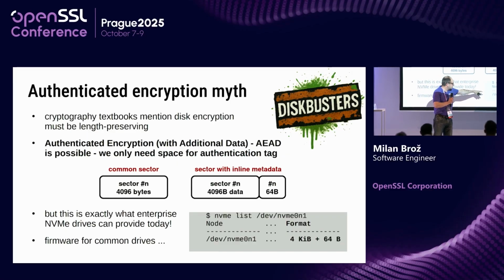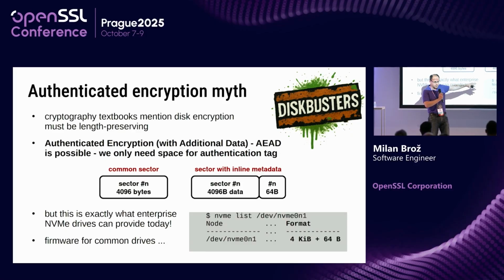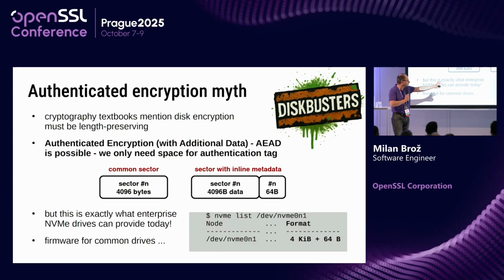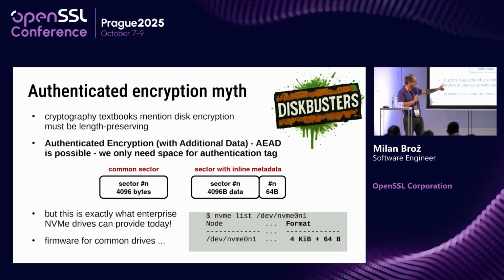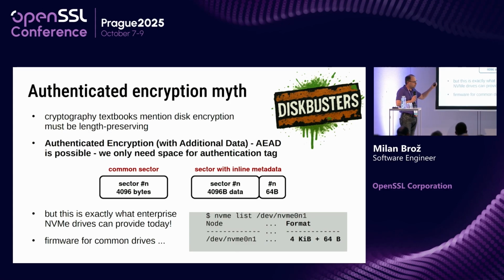If you don't believe me, this is the NVMe list from my testing server, where I have an enterprise drive formatted exactly this way, and it's up to the drive to handle all sectors atomically. The only problem is that it's for enterprise drives, not for the common drives in your notebooks, but it's only a question of firmware. Vendors should easily add the functionality there. So I hope they will do it.